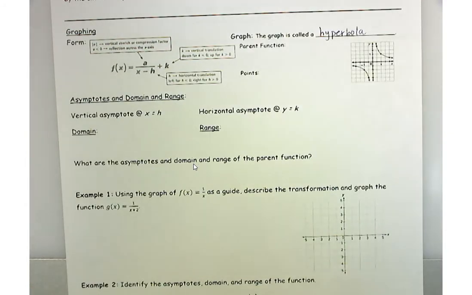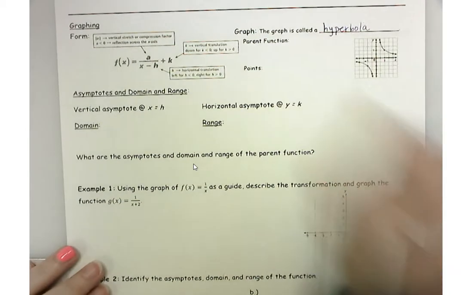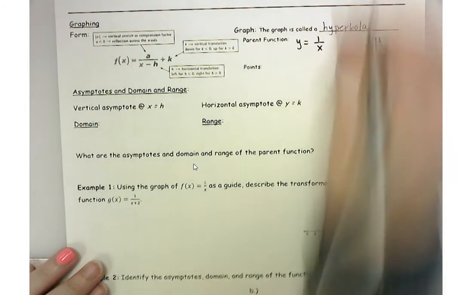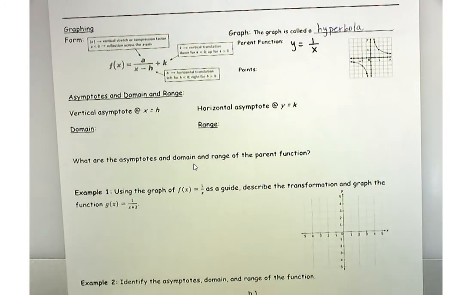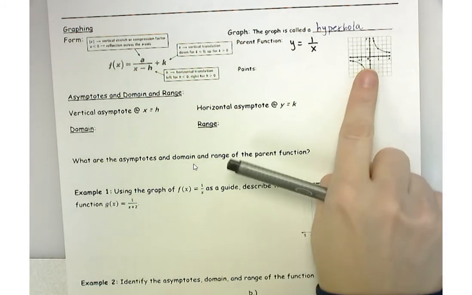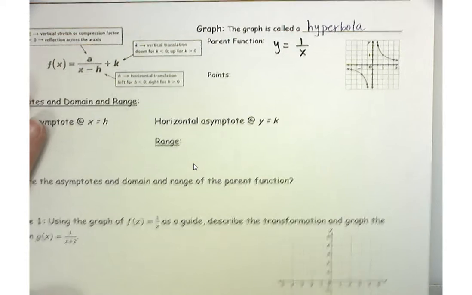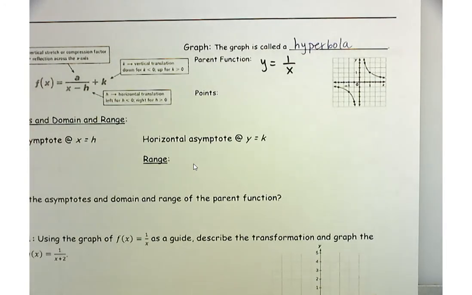Okay, we're going to talk about the parent function first. The parent function for rational functions is y equals 1 over x. This is the most basic rational function. You can see the points from this graph, but you can also generate some points just from plugging in values for x.